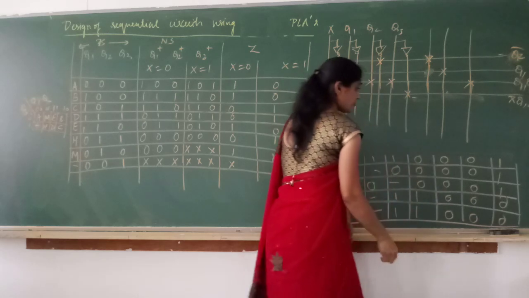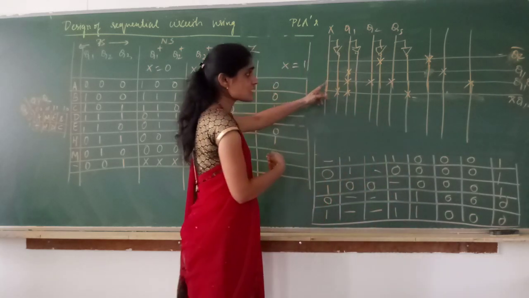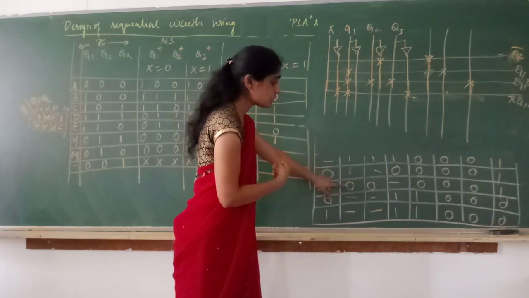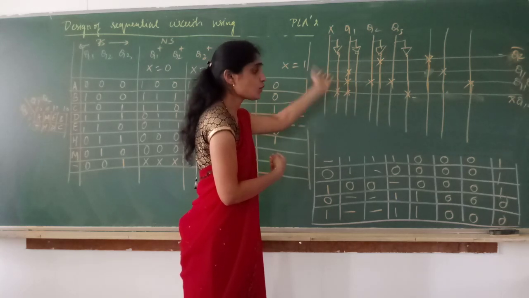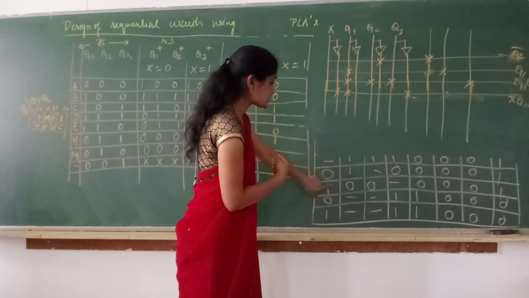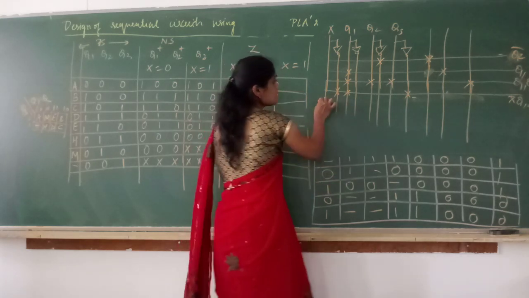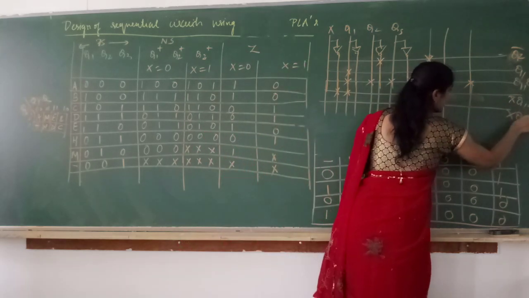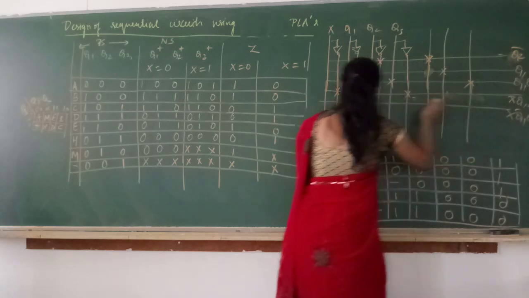The third product term, you have the equations. No, I have erased the equation, so I am looking at the table and connecting. What is the third product term for D3? X, Q1 bar, Q2 bar. Am I correct?